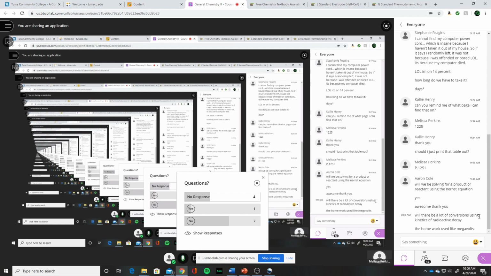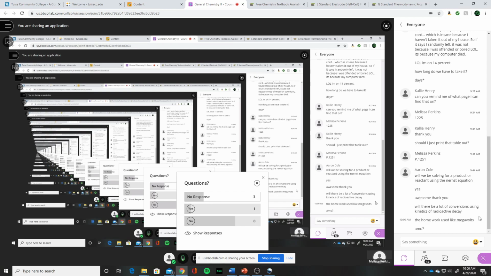I'm not going to have you converting between energy values and masses. Like I said, if this was a normal class, I might put something like that in there, where you'd be converting between energy and mass. But no, there's not going to be conversions between megavolts and other types of power or other energy units or even mass units. It'll be very straightforward. So no conversion between megavolts and AMU.